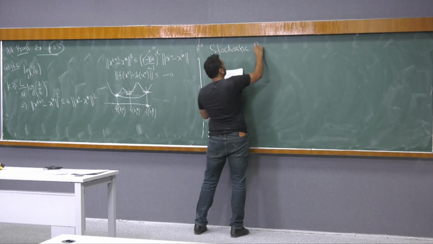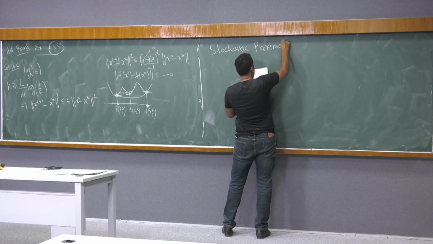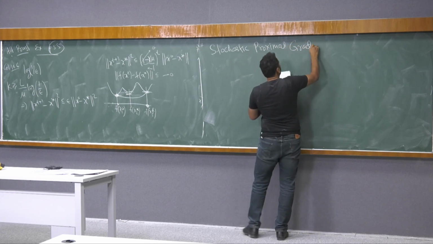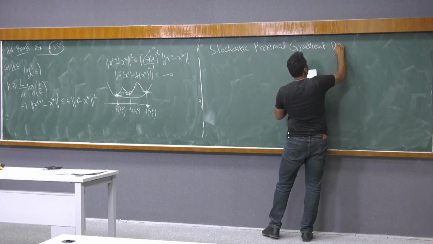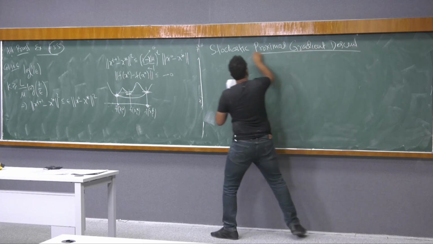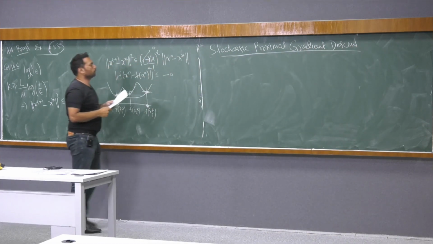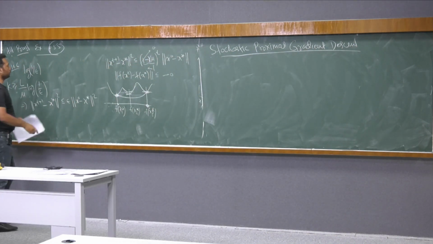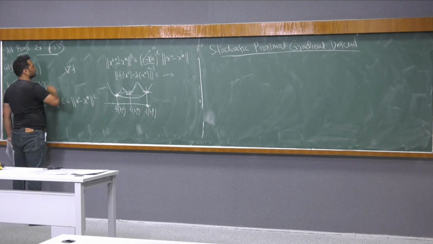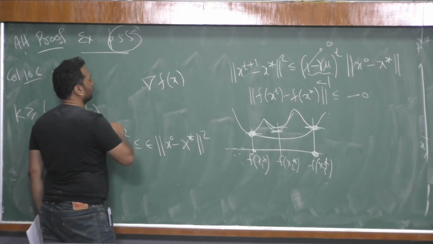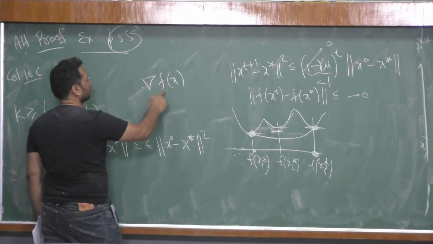So, stochastic proximal gradient descent. As you can see, it's a proximal gradient descent, but now it's stochastic. What will change is that in place of grad f(x), we will now take it for some sample.